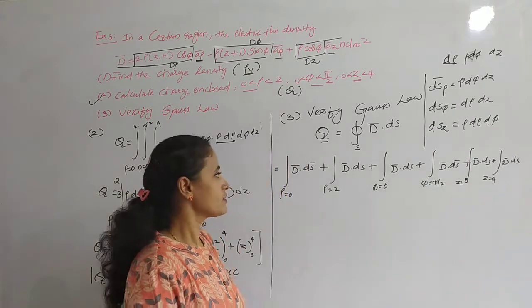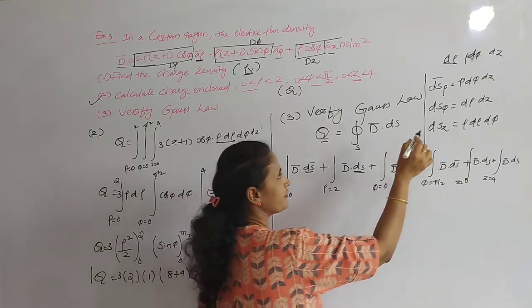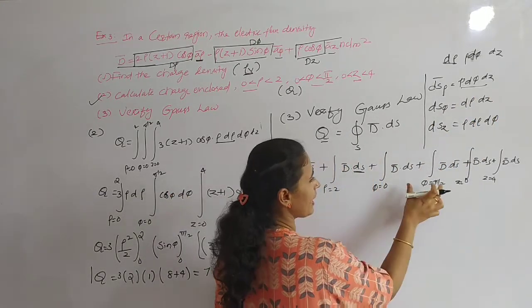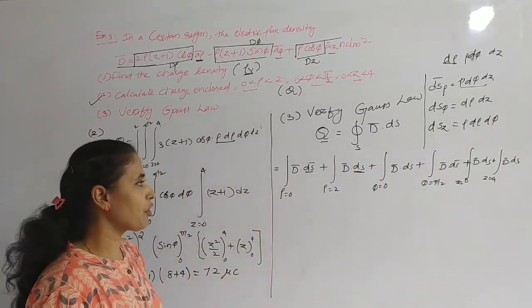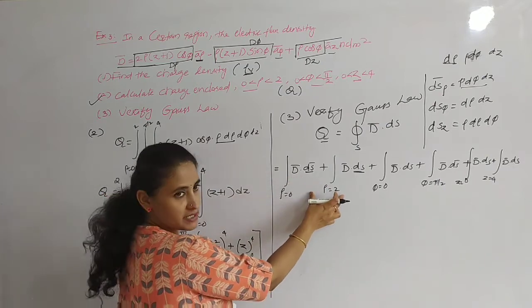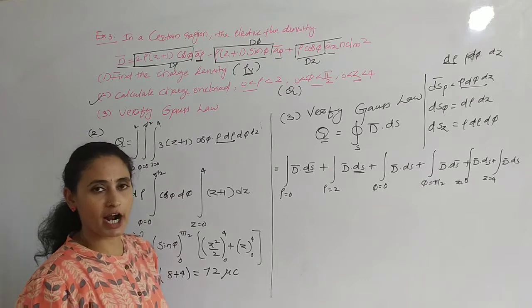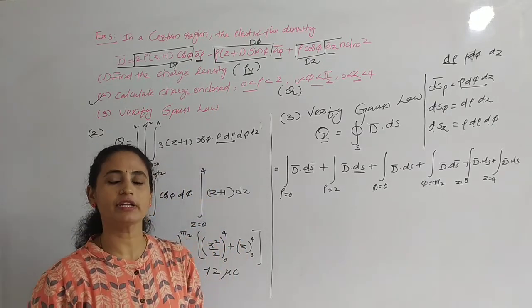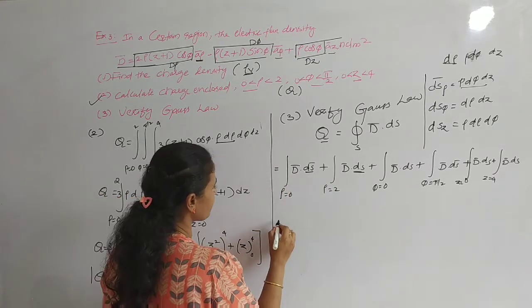For the ds terms, we will consider these. And for the D vector, while considering rho, I have to consider only the rho term, because the dot product of a_rho with a_phi is 0, and a_rho with a_z is 0. So let us solve the first term.